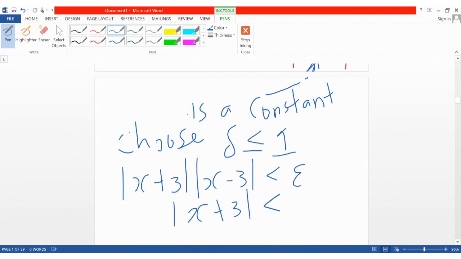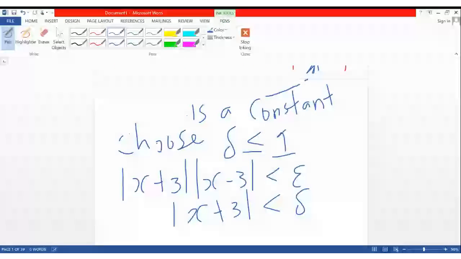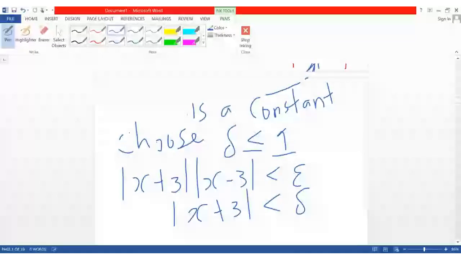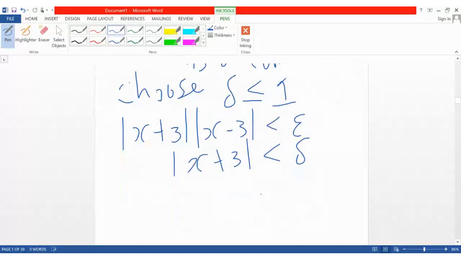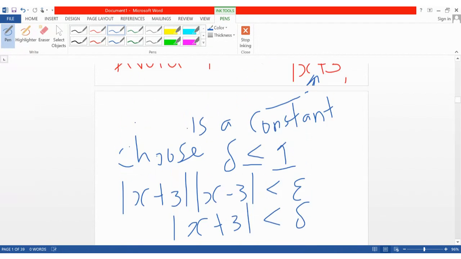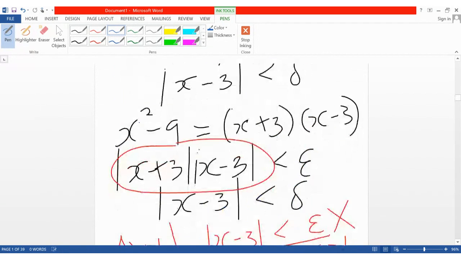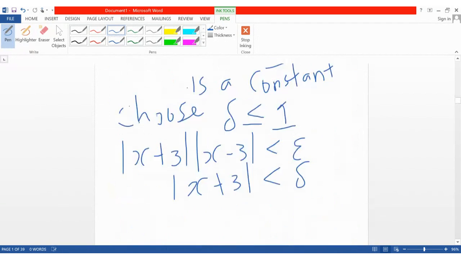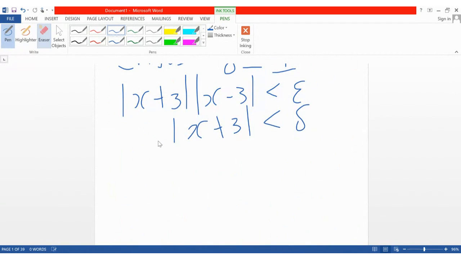I've not manipulated anything. Now, check this one out. Have I interchanged anything? Let me check. It's still okay. This one is wrong. I'm supposed to have x minus 3 here. Yes, x minus 3 there.